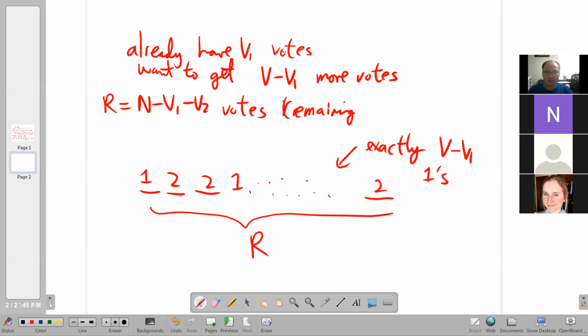So what we're talking about is you have R slots, R people, R remaining votes, and you want to know how many ways there are that have exactly this many ones. And it's the binomial coefficient. So that's this many ways for the R remaining votes to have exactly this many ones. Does that make sense?